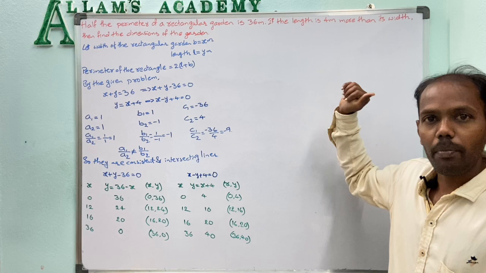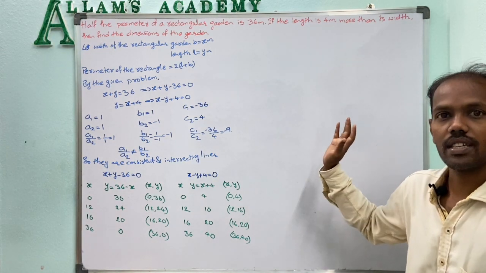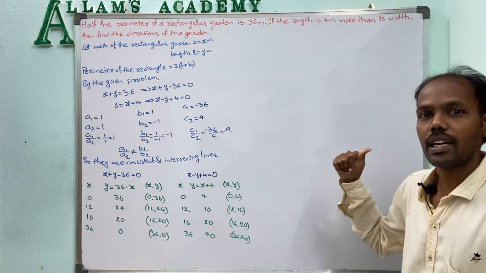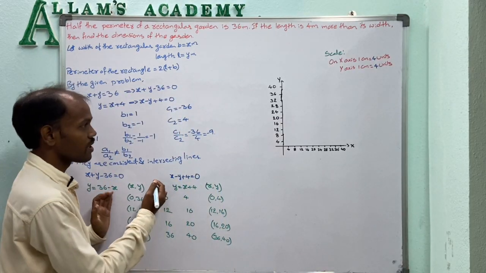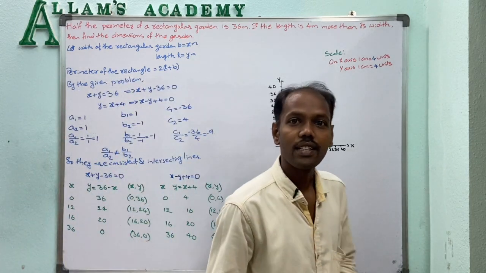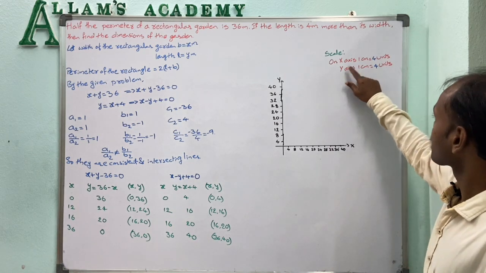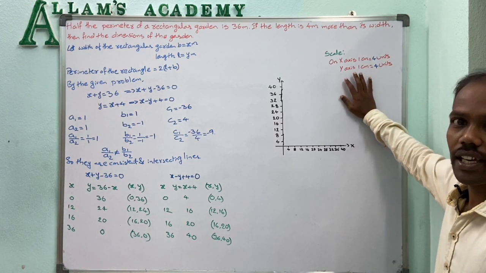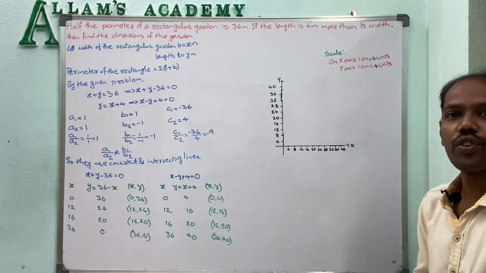Both are positive points coming in the first quadrant, so that is enough. There is no need for the remaining quadrants. To show these equations on the graph, we take on the x-axis 1 centimeter equal to 4 units and on the y-axis 1 centimeter equal to 4 units.